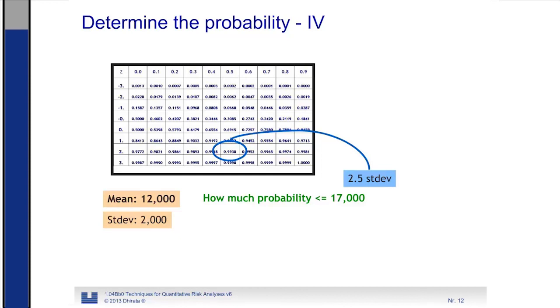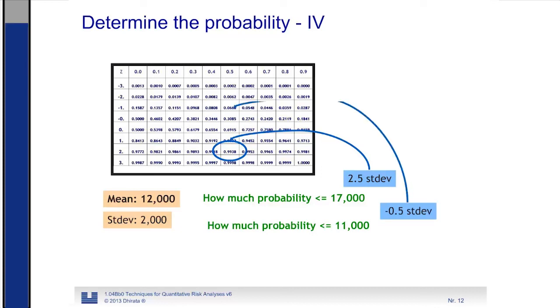Same question, but now what is the probability that we are below 11,000? Same procedure. First we determine the standard deviation. This is minus 1/2 standard deviation below the average, and here we will find this in the Z-table, which brings us to about 31% probability that we are below 11,000.